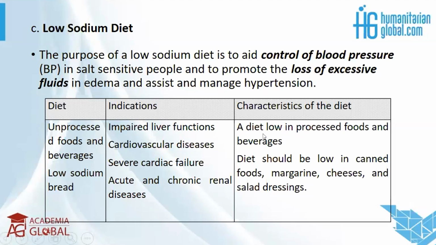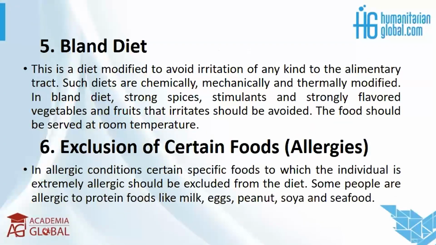The characteristic of the diet should be, we are being told, low in processed foods, low in canned foods, in margarine, in cheeses and salad dressings, and other measures like avoid adding salt to the food. Do not have a salt shaker, put very little salt. That's how the diet should be.